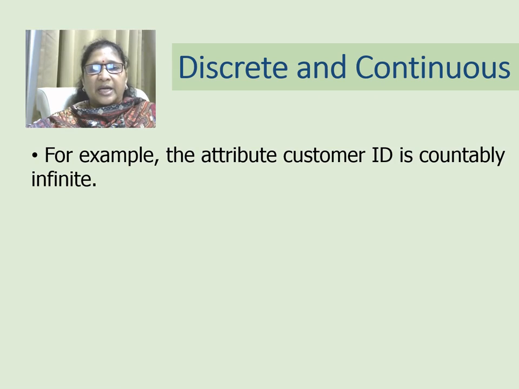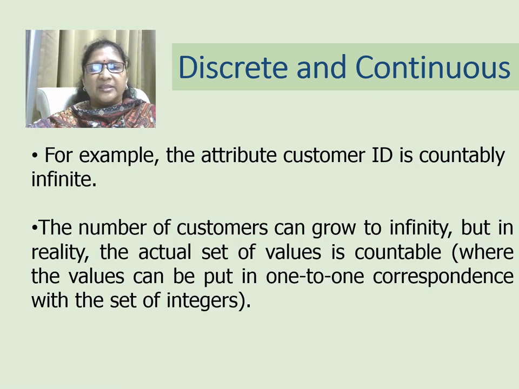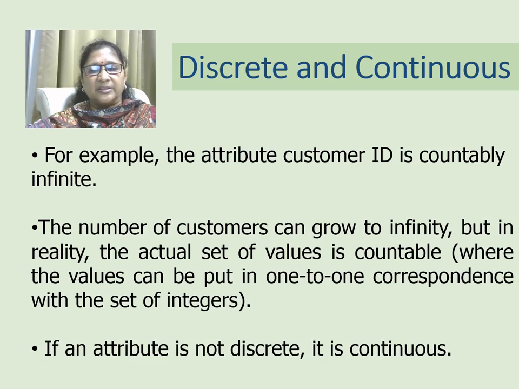An example attribute is customer ID, which is countably infinite. The number of customers can grow to infinity, but in reality, the actual set of values is countable, where the values can be put into one-to-one correspondence with the set of integers.